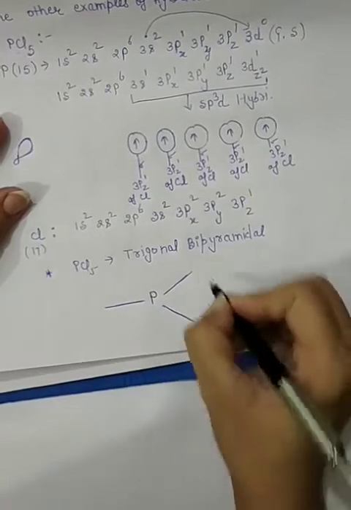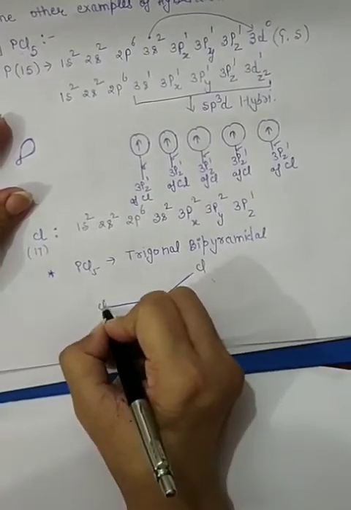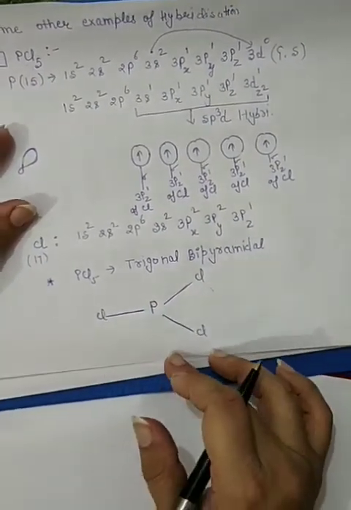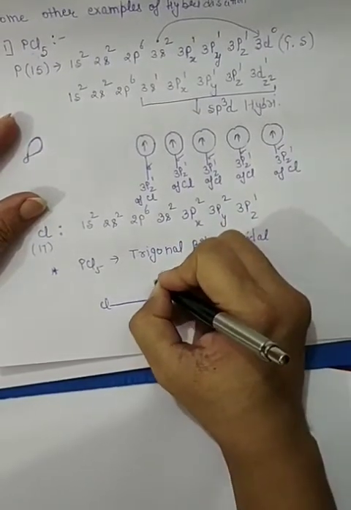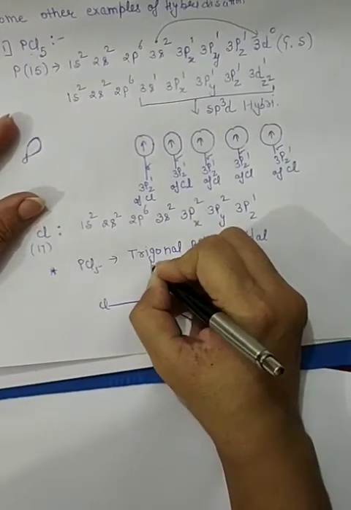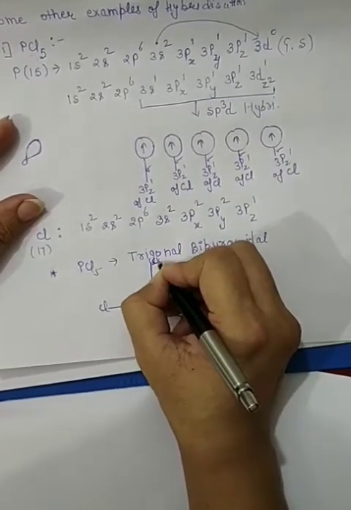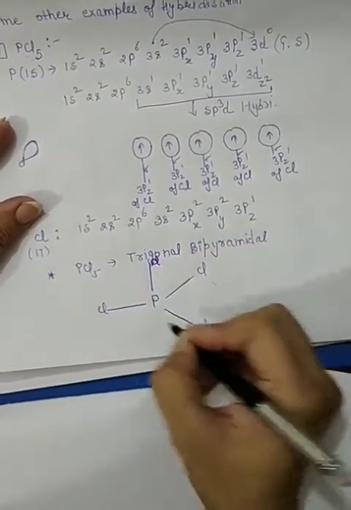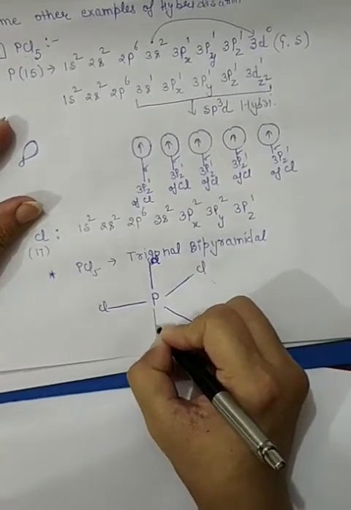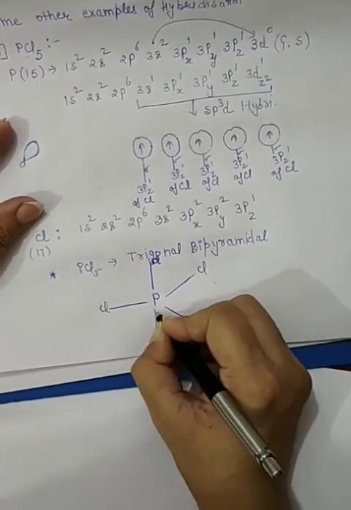These are the chlorine atoms. This is trigonal bipyramidal, it means one chlorine is present above the plane here and one chlorine below the plane.